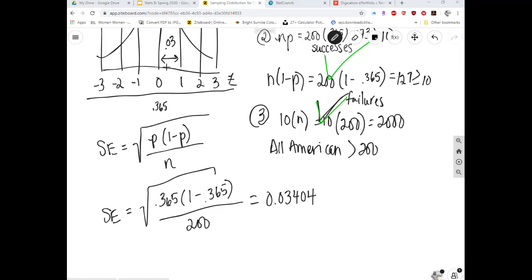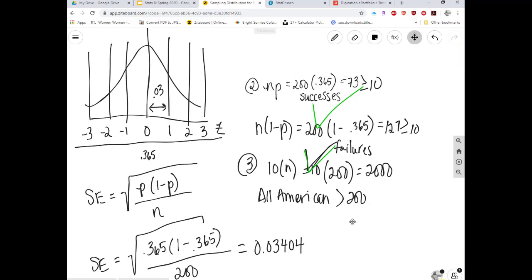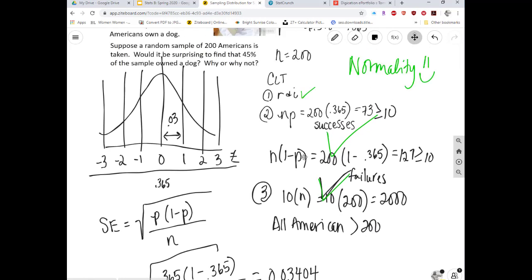Let me make myself my little model here. I'm going to scooch this down a little bit so we can see it better. I'm going to add 0.03 moving up, and subtract 0.03 moving down. So going up I get 0.395, then 0.425, and then 0.455.